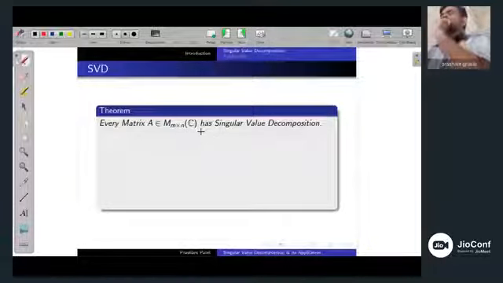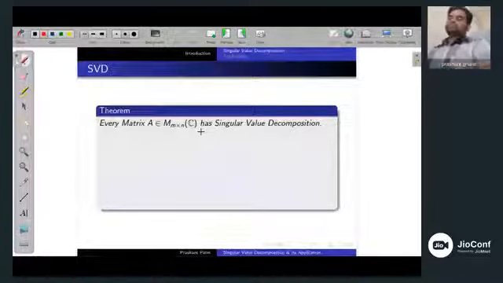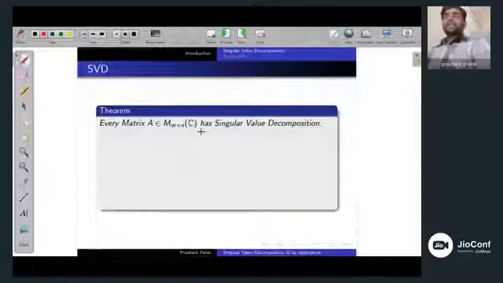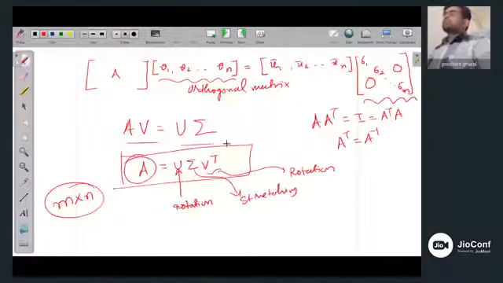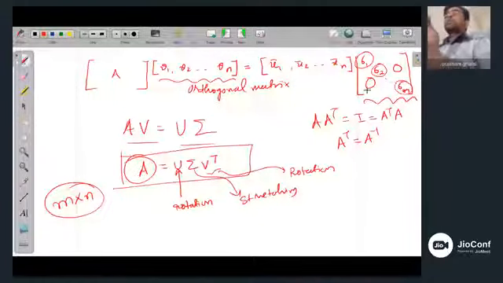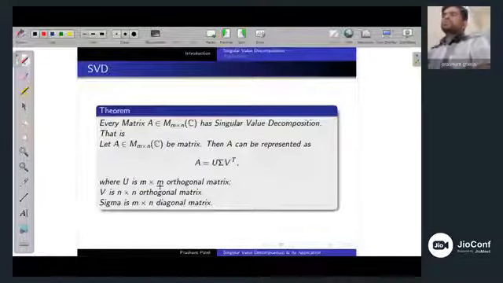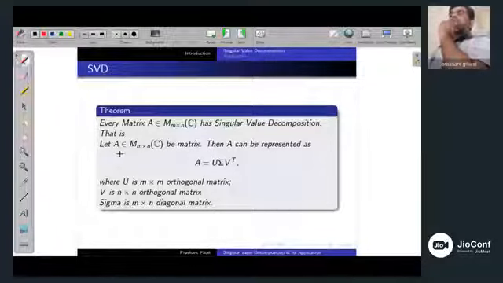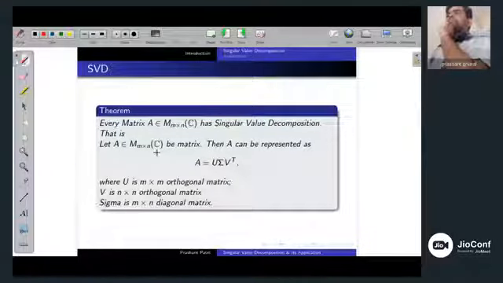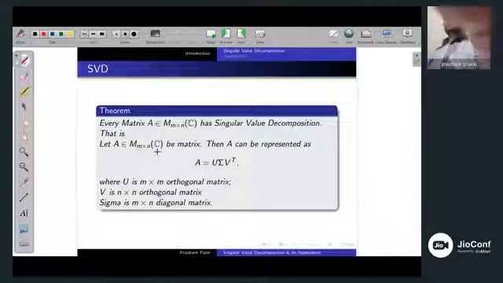This theorem tells you that the singular value decomposition is applicable for matrix A, and why it is called that: these sigma 1, sigma 2 up to sigma n are known as the singular values of a matrix A.